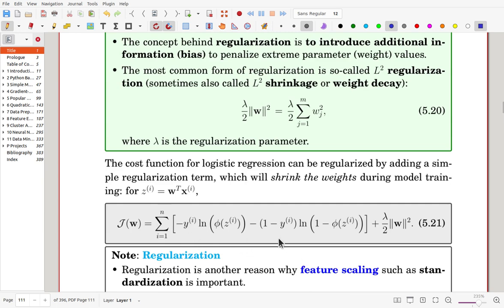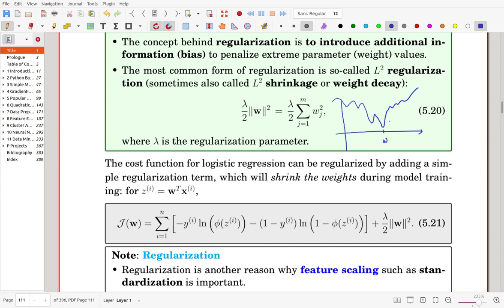Now, if you try to use this regularization, you have to be a little bit careful. For example, here in the one parameter case, the optimal W for the objective function is given that way, and the optimal W is here.